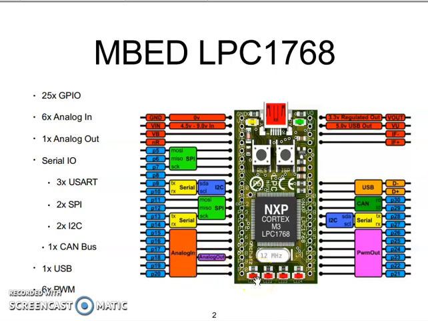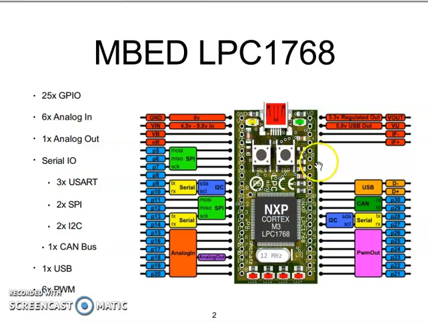When we learn about the input-output chapter, chapter 4, we are trying to understand how to write the code and also how to connect input-output components to this board. This is an mbed board.